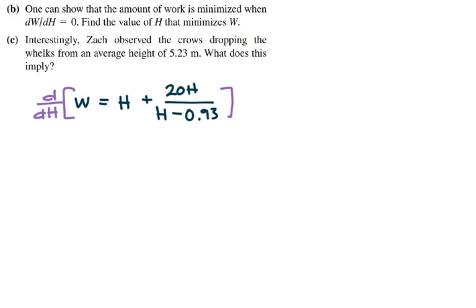So differentiating here, the derivative of w with respect to h, that first term, the derivative of h with respect to h, you can think about that. That's the same as dh over dh. That's equal to 1. And then for this next piece, we're going to use the quotient rule.